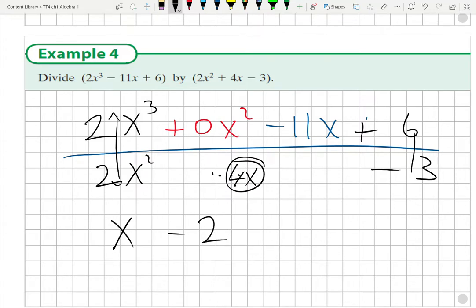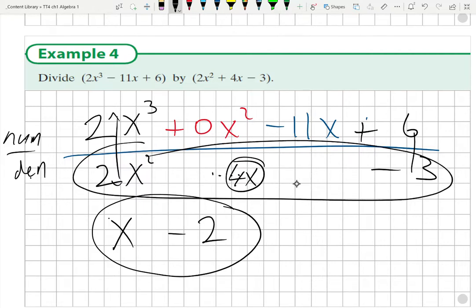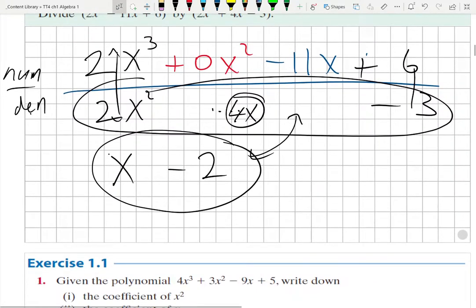Okay, now this is a numerator, denominator, and this is a quotient. So the quotient by the denominator should be always equal to the numerator. So if you want to knock yourself out and check that that's true, that this multiplied by this is equal to that, then you should go ahead and do that. You'll definitely get minus 8x on this, and you'll get minus 3x on this, giving you minus 11x.